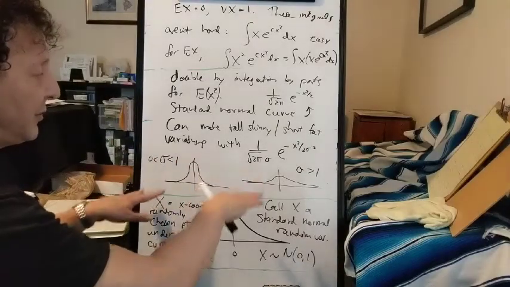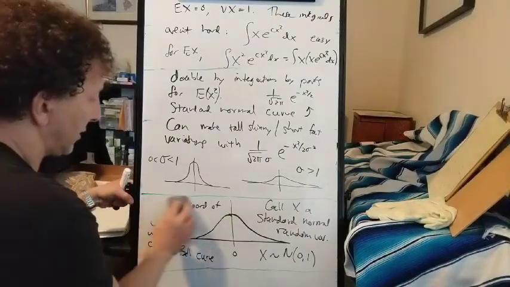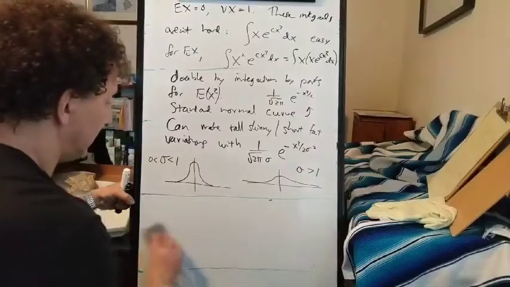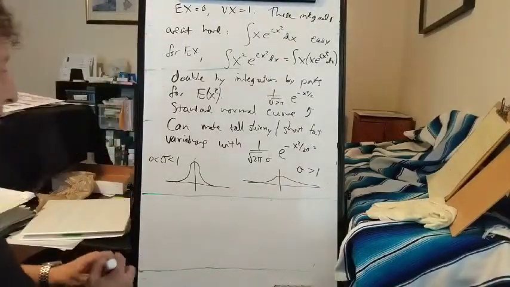Then we can shift this curve around to the right or the left. Oh, I should mention the variance here.